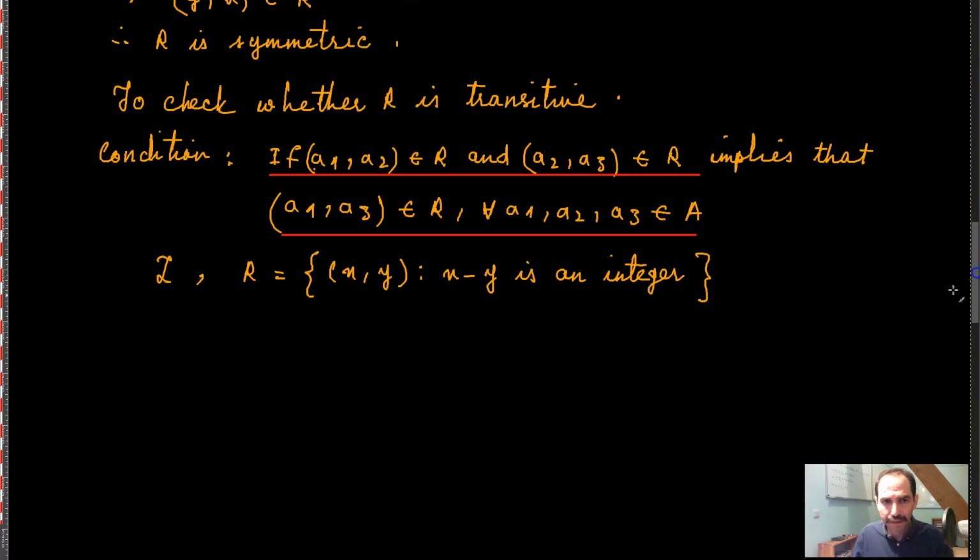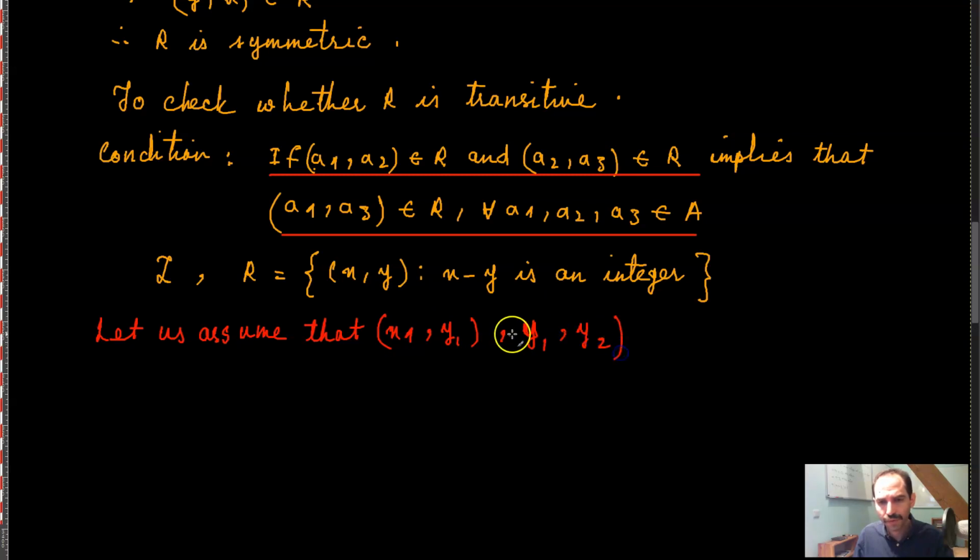Let's assume that x1 comma y1 and y1 comma y2, for example, belong to R for some x1, y1 and y2 belonging to the set of integers.